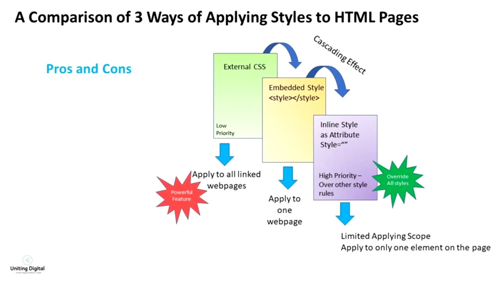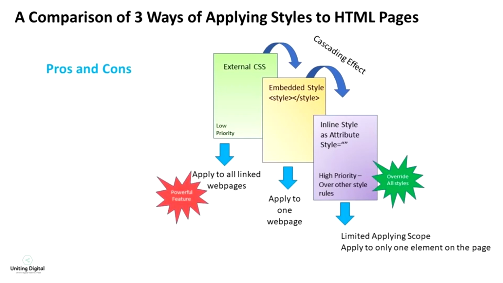This cascading effect is the reason why CSS is called cascading style sheets, because the styles are applied according to these priority rules, so that the final result is predictable when the web page is rendered by the browser.